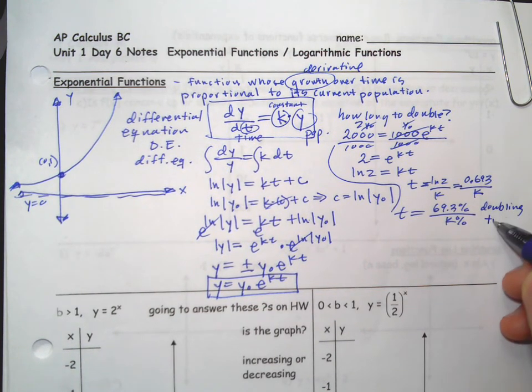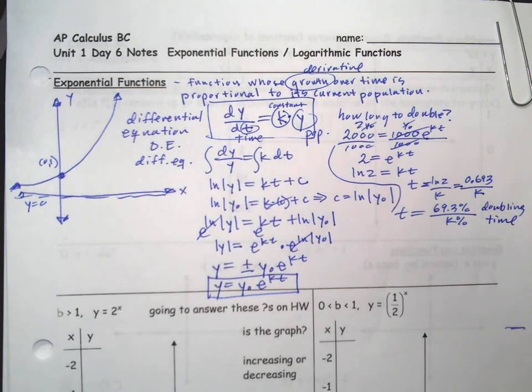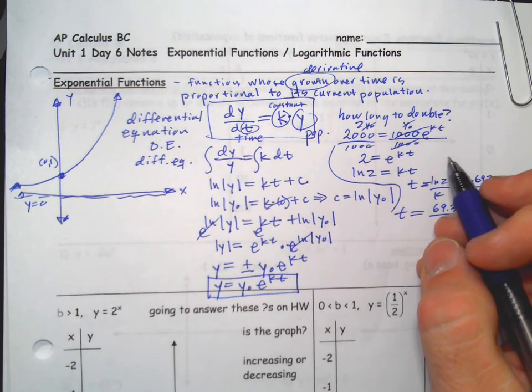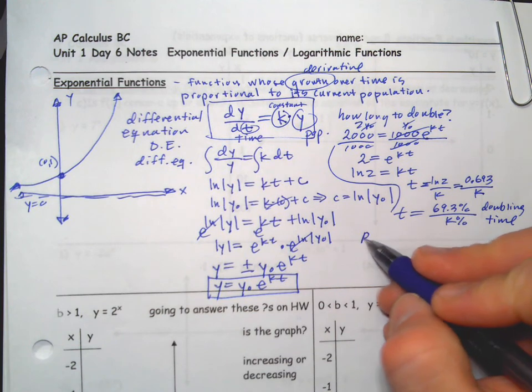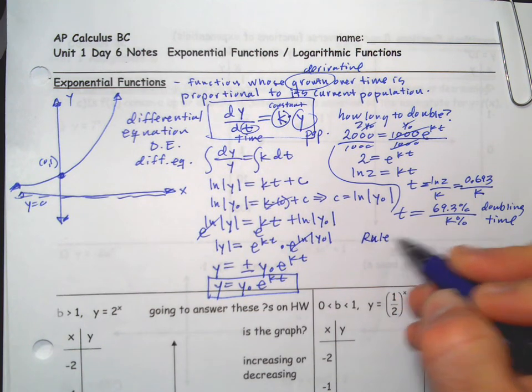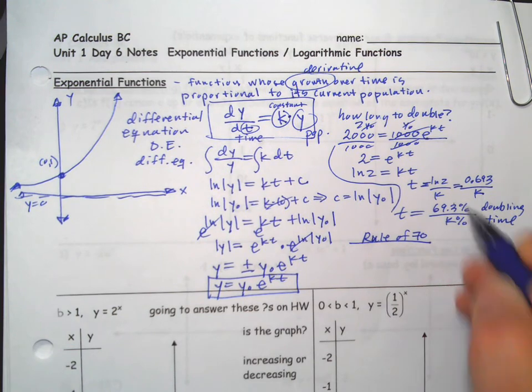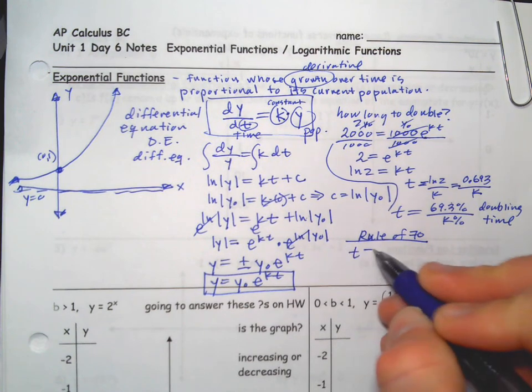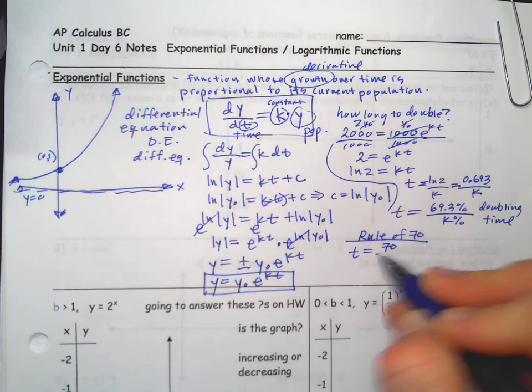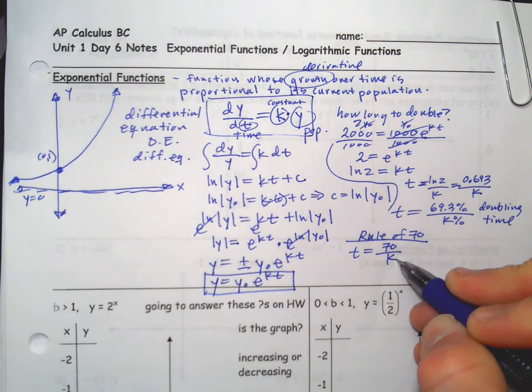In some of your classes, you might have actually used this before, but this is the rule of 70, because that's about 70, and it says that doubling time is 70 divided by k, roughly.